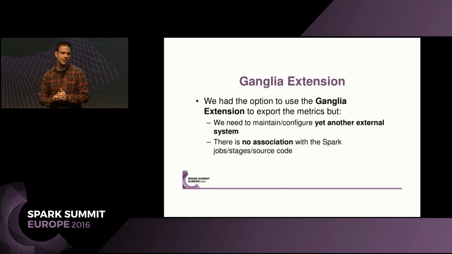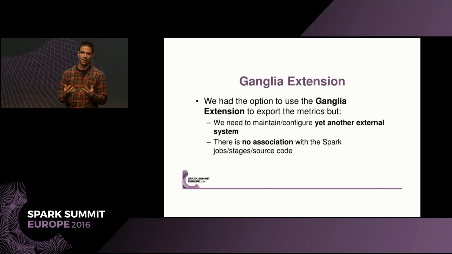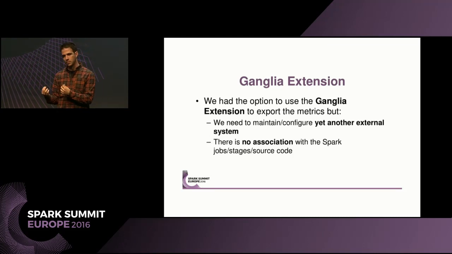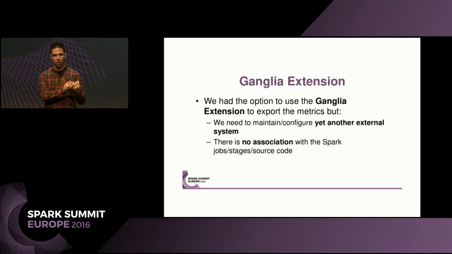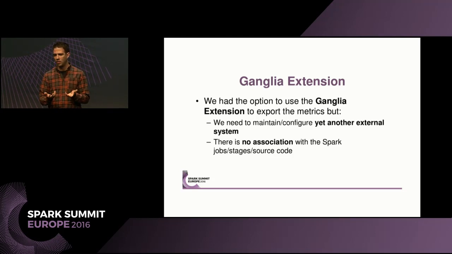We had to maintain and configure yet another external system. And also, there was no association of the exported metrics with the actual job, stage, or source code of the Spark job. And in the end, we really like the default Spark WebUI. We find it handy, and we wanted to consolidate all of our metrics there.